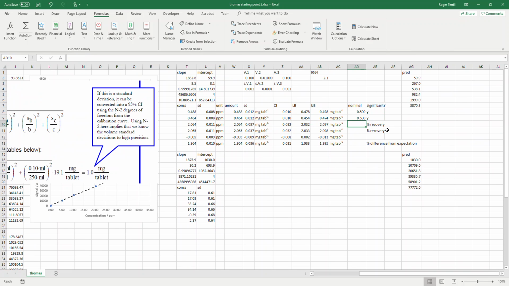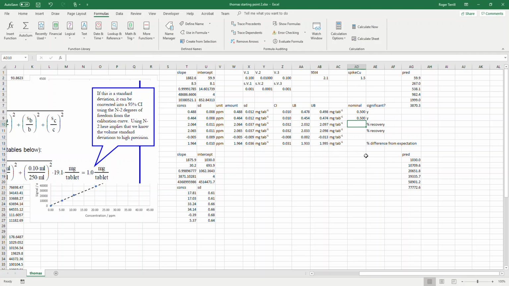And let's just say that the spike was 1.5 milligrams. So let's say that spike copper is going to be 1.5. I'm not sure exactly what it was, but if it was exactly 1.5, we could do it like this, right? Spike for copper. I'll make a name for that guy.